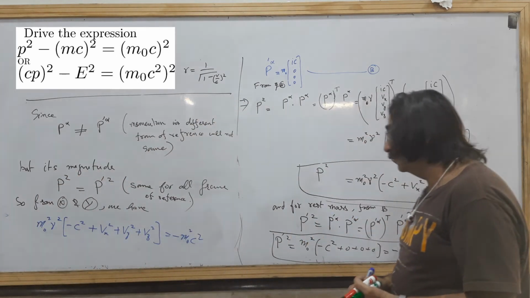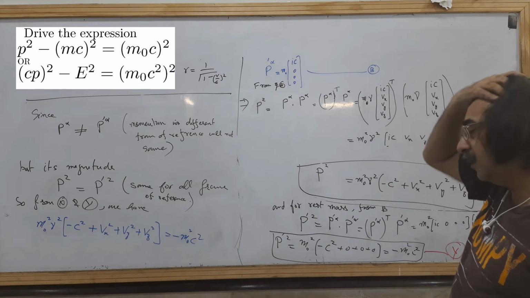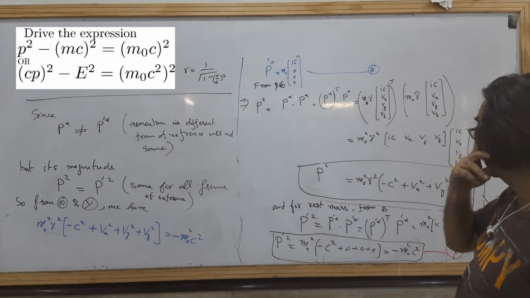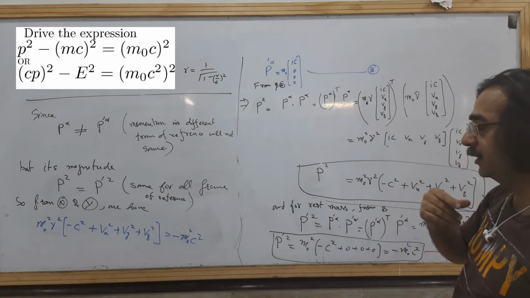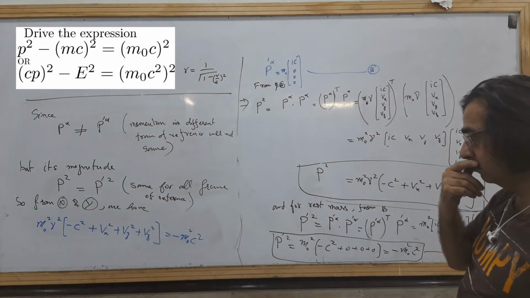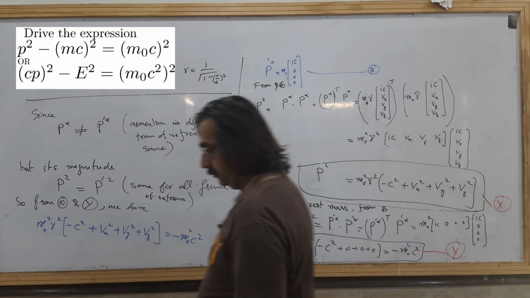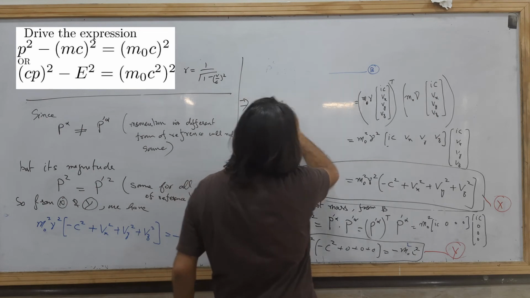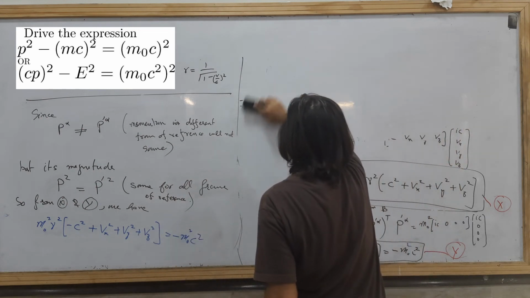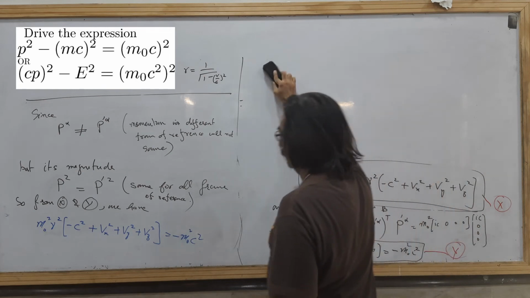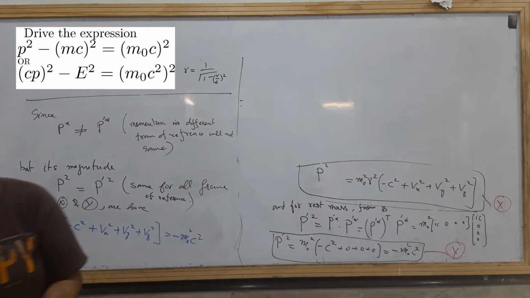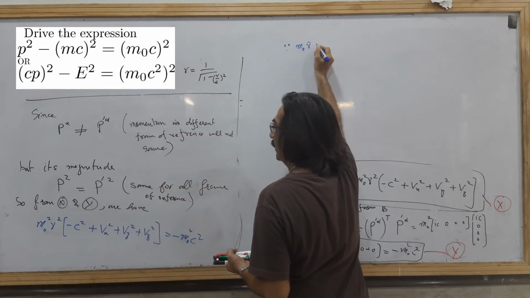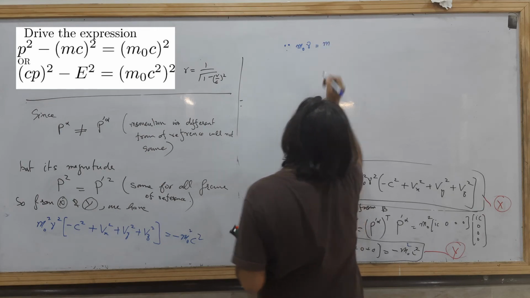ओके, नहीं अभी हमने नहीं करना, उसकी वजह बता. ओके, m naught gamma is equal to m.